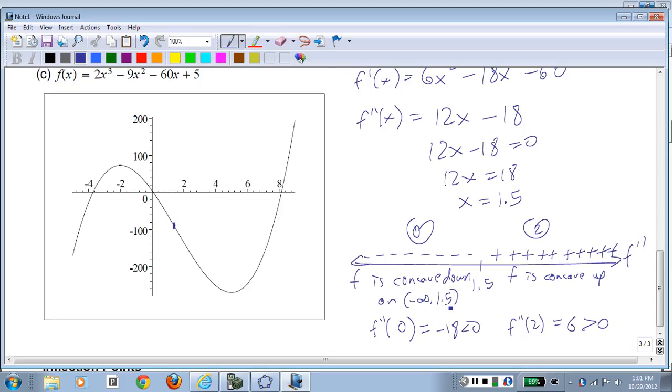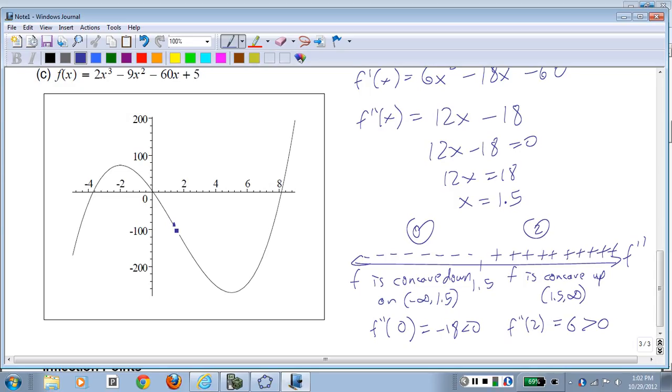On intervals where a function is increasing and decreasing, the way it's defined, it is possible to include the endpoint sometimes and exclude the endpoint sometimes. But for concavity, typically we do not include the endpoints. We just define concavity on open intervals. So f is concave up on the interval from 1.5 to positive infinity.